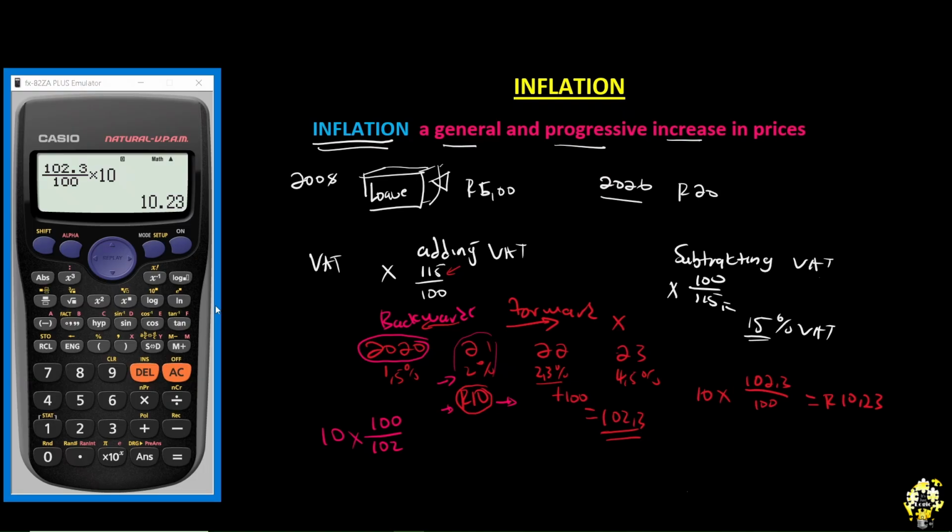So when I'm talking about an added percentage, I'm talking about the given percentage plus 100, which gives you 102. So 10 multiplied by 100 over 102 gives you, in 2020, 9.80 rounded off to 2 decimal places.